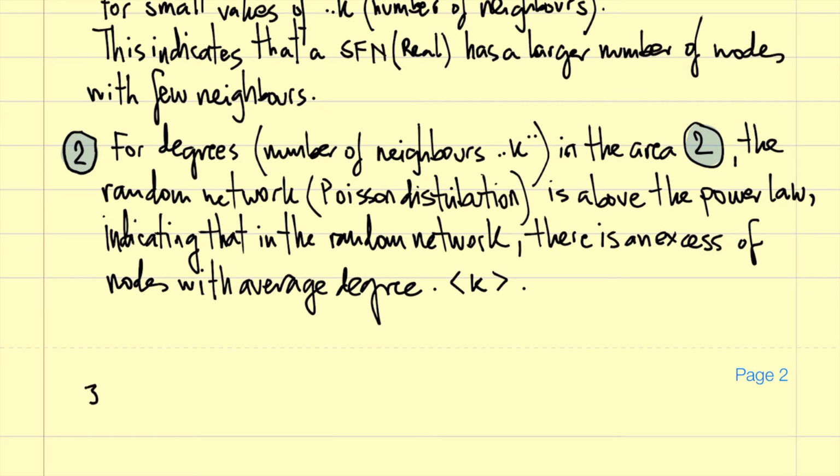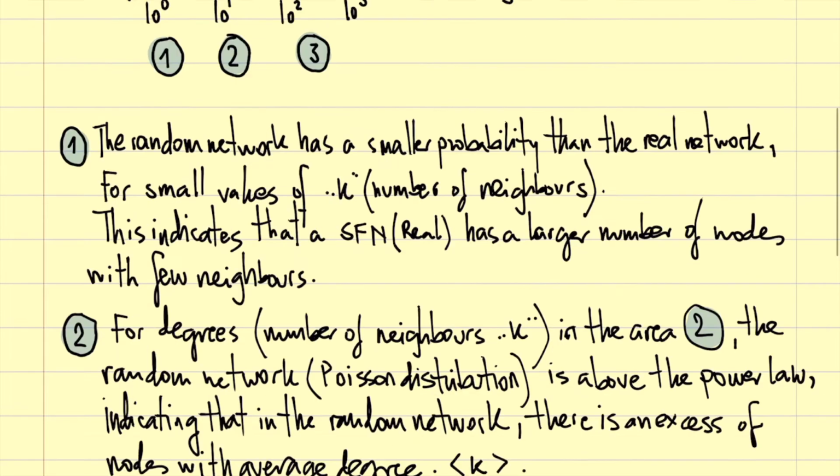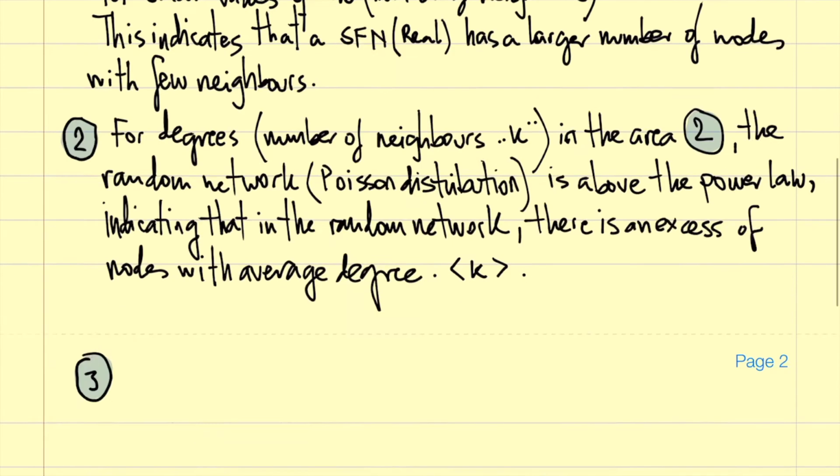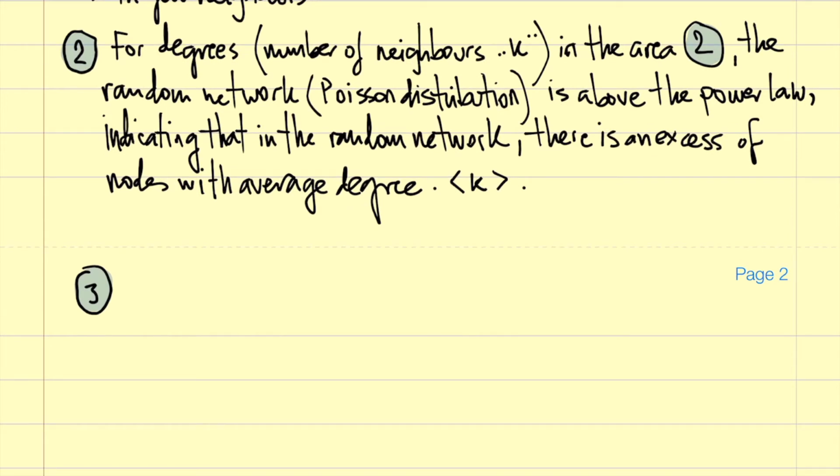And the important part comes now. Where we have a tail, the so-called tail, in the end, where the number of degrees comes to a higher number.